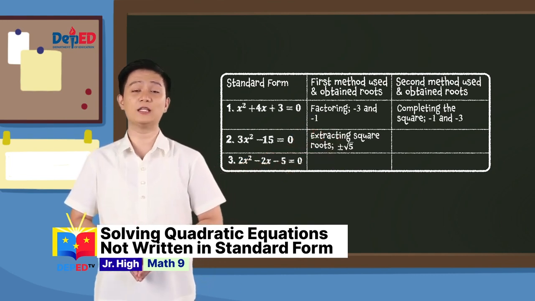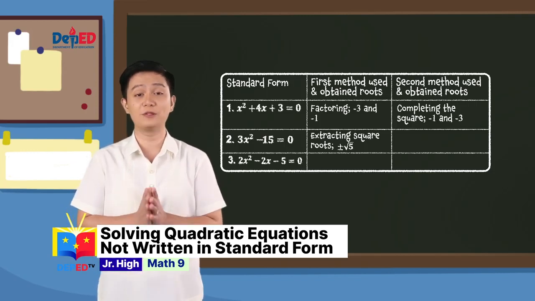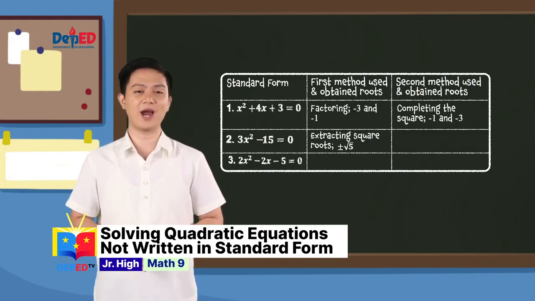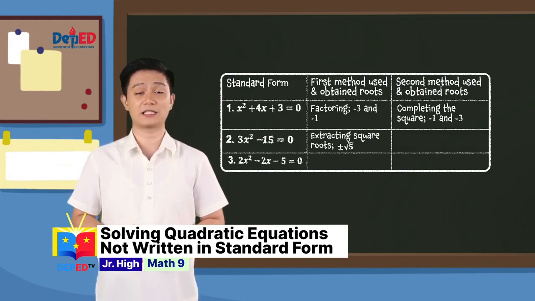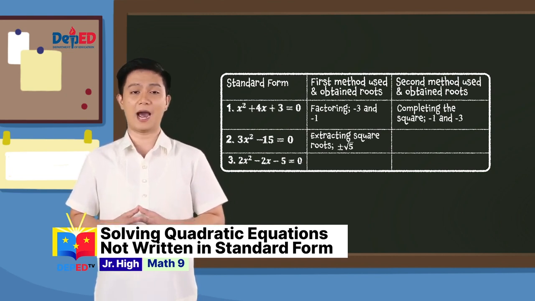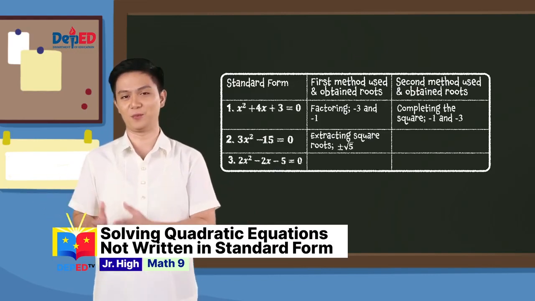To check whether the obtained roots for equation number 2 are correct, let's solve the equation again, but this time by using quadratic formula. Let me emphasize that every quadratic equation can be solved by either completing the square or using the quadratic formula.